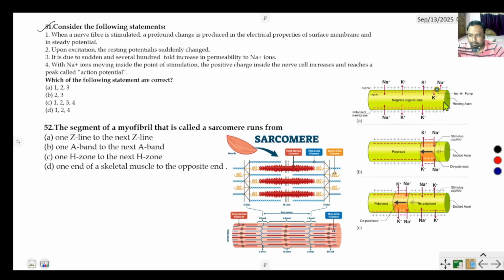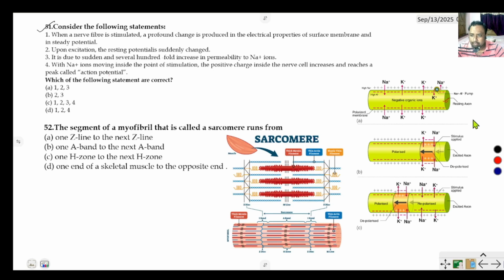This is the nerve fiber. In normal resting condition, the outer side of the axolemma is filled with positive ions, that is sodium plus, but the inner side of the axolemma is filled with potassium ions and other negatively charged organic ions, so the overall charge is negative. This is the resting potential.